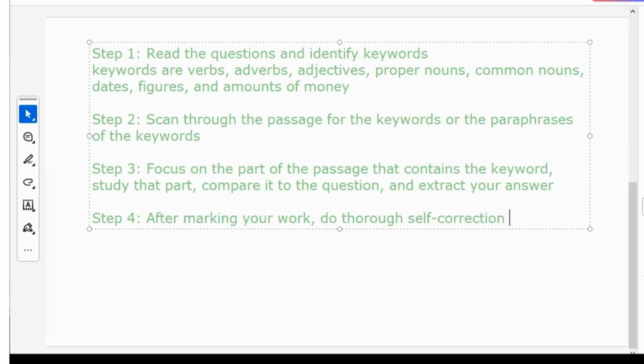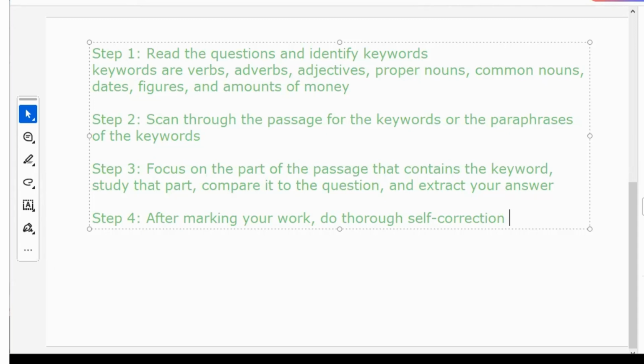Self-correction means you look at the questions you got wrong and ask yourself, how did you arrive at your wrong answer? Why is the answer in the textbook correct? Try and study that answer that the textbook says is the correct answer, and ask yourself, why is this answer correct? Let's say you wrote true, but then the textbook says that the answer is false. Ask yourself, okay, why is it false? Then take some time to study. That's self-correction.